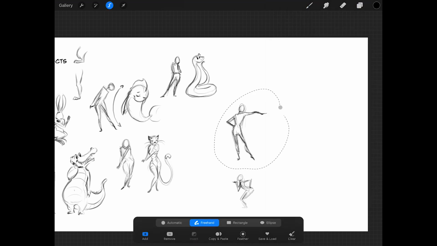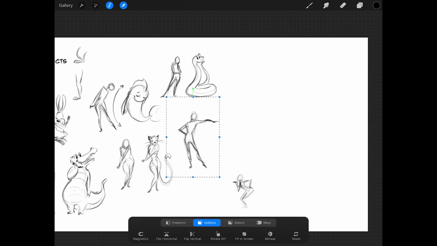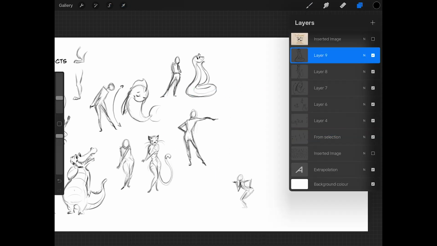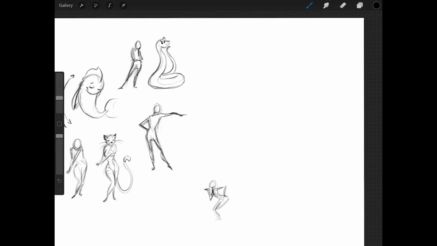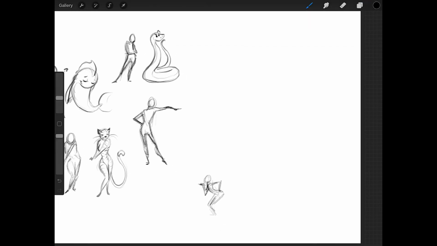Okay, so we have this human position of someone pointing. So here we have maybe a person of authority. And what you can also play around with when you're drawing animals with human shapes is stereotypes.